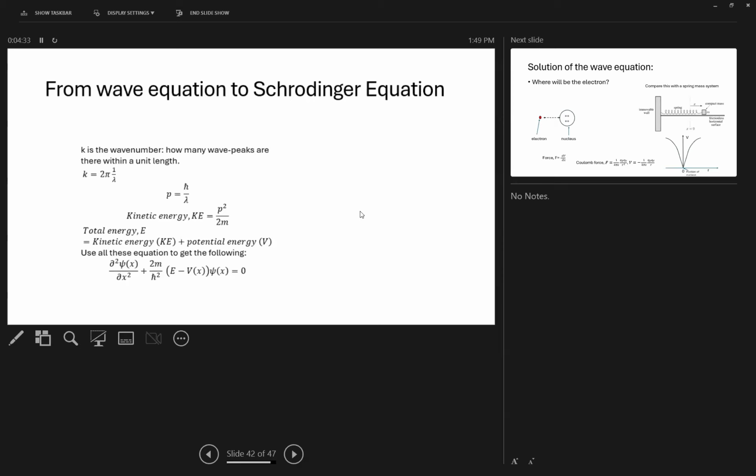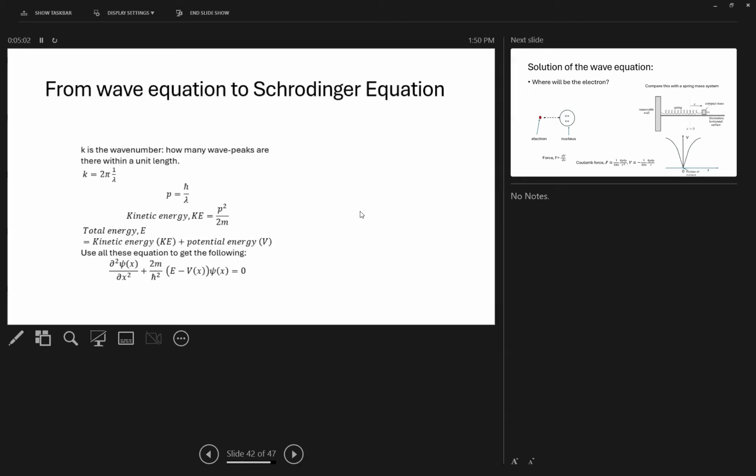Remember that we started with the wave equation, and the wave equation looks like the following. d square psi divided by dx square is equal to minus k square psi. And now we want to replace the value of k, the wave number, with the following formula. k is equal to twice pi divided by lambda.